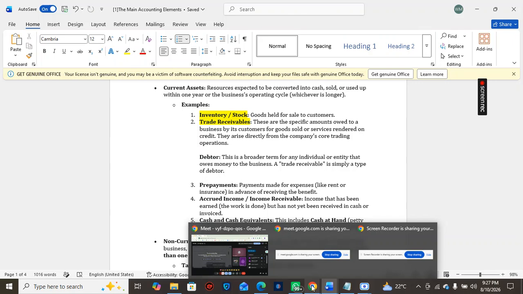Then the school would have earned that money. Should something happen during that period, maybe you can't continue at the school, you can ask for your money back. That's why we're saying prepaid expenses are like assets.